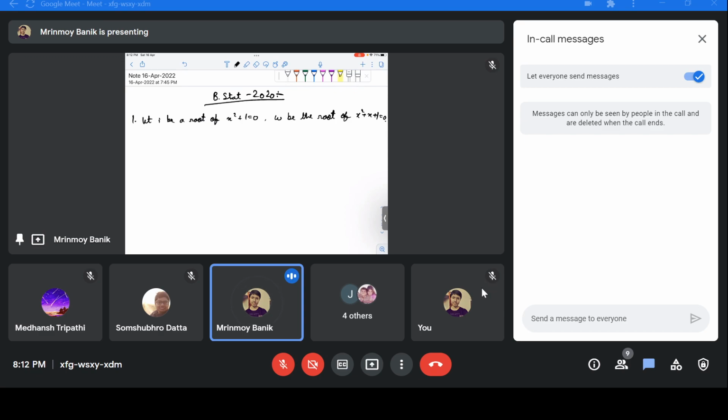And we need to construct f(x) equals an integer valued polynomial. I mean a polynomial with integer coefficients.